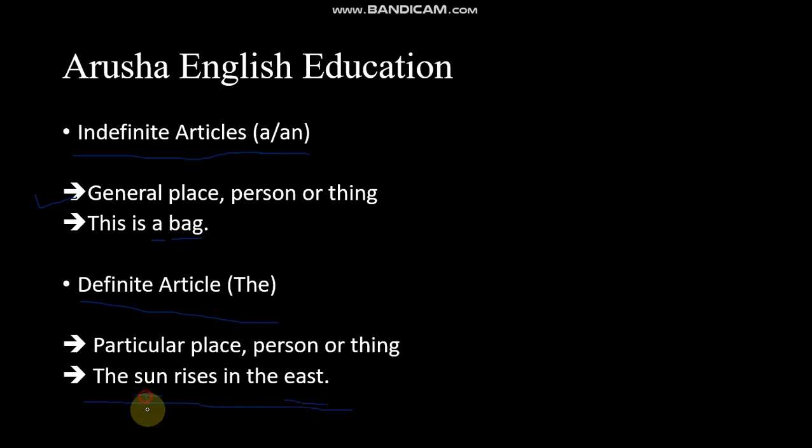So we have to use an article before these nouns. But sun and east are nouns which indicate a particular thing. So we have to use the definite article, and The is a definite article. So in this sentence we will use The as an article before sun and east. So the sentence will form as: The sun rises in the east.